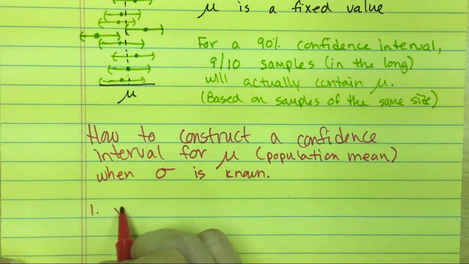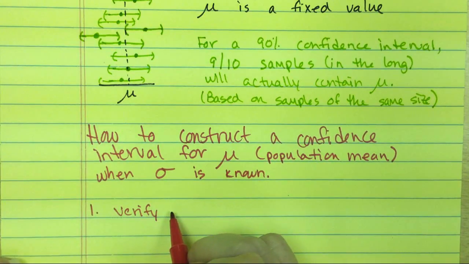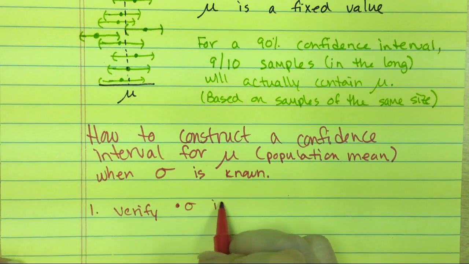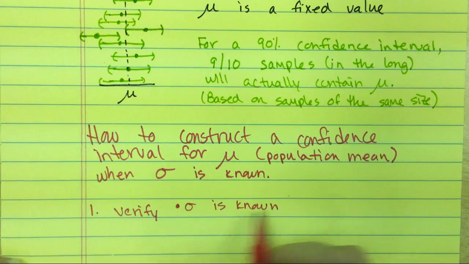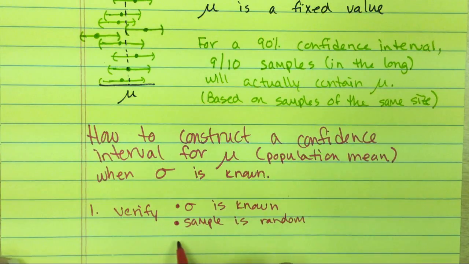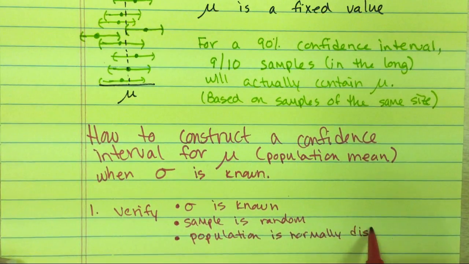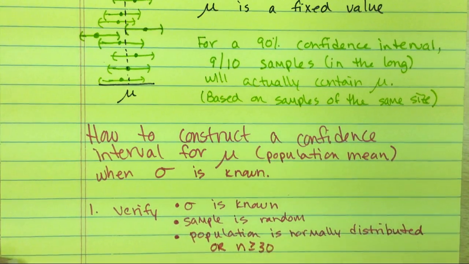Step 1, you have to verify 3 things. 1, sigma is known. 2, the sample is random. And 3, either the population has to be normally distributed, or, what's the other thing it could be? If the population is not normally distributed, then the sample size has to be greater than or equal to 30.